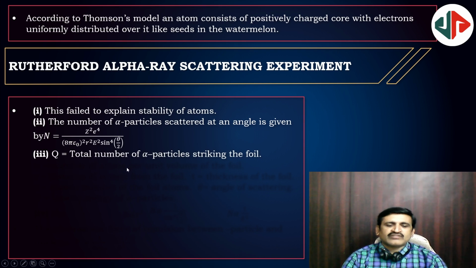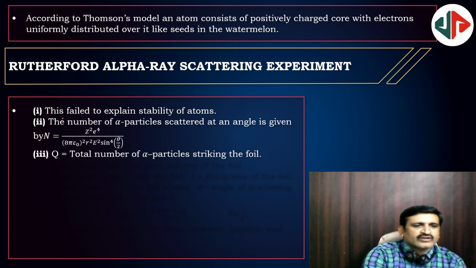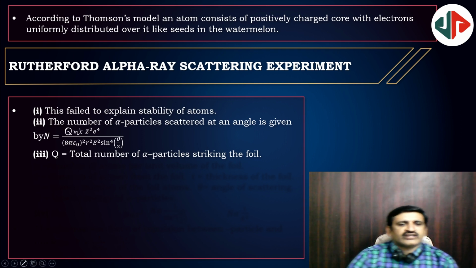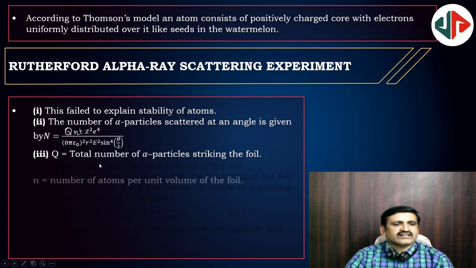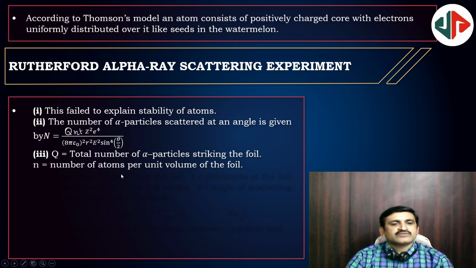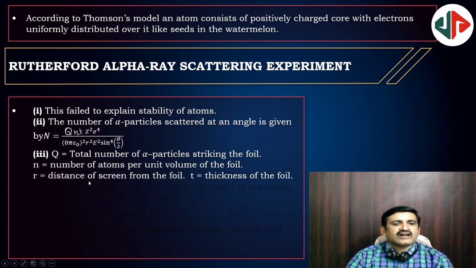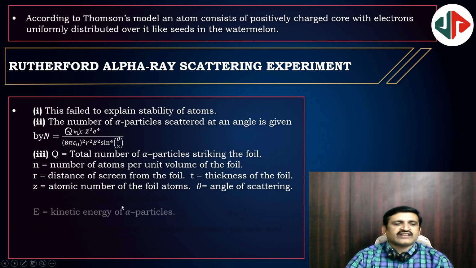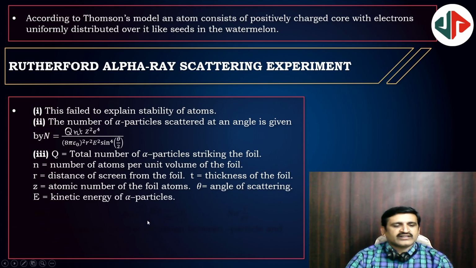Total number of alpha particles, actually Q should be here, Q, N, T. Quantity of alpha particles that are scattered, and N number of atoms per unit volume, and R the distance of the screen from the foil. T is thickness of the foil, Z atomic number of the foil.